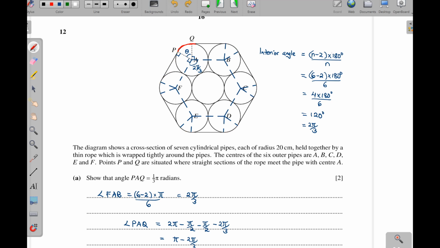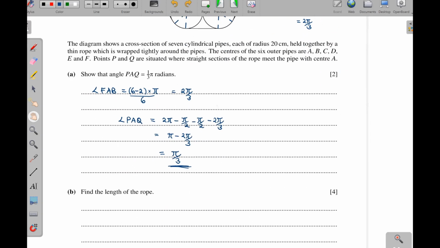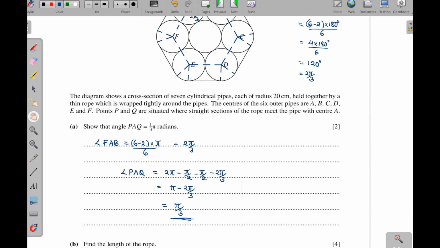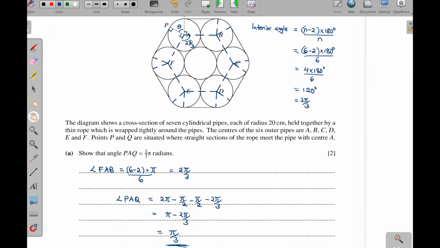So let's go. Let me put these ones off. We go back. So each straight section of the rope, let me in fact write that. Each straight section of the rope, this one is going to be equal to, look at the radius.